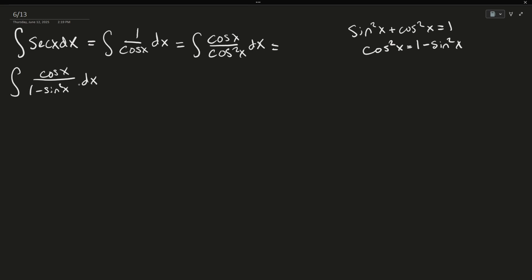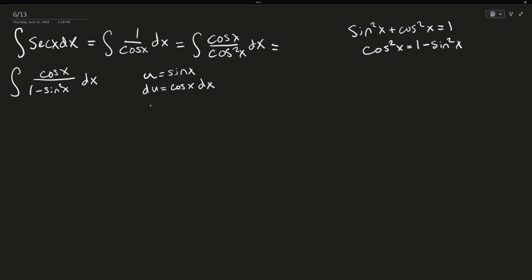So now here we need to spot a u substitution. When we look at this, if we let u equal sine x, when we take the derivative on both sides, we end up with du equals the derivative of sine x, which is going to be cosine x, and then we have our dx.